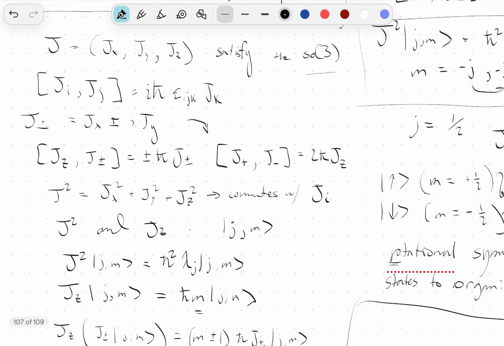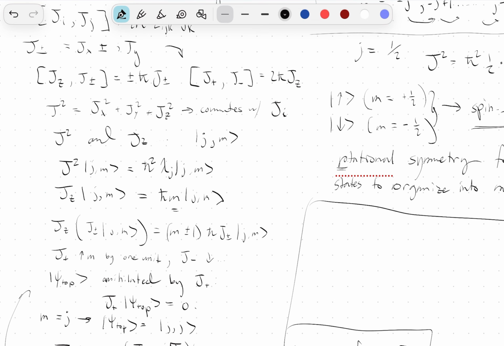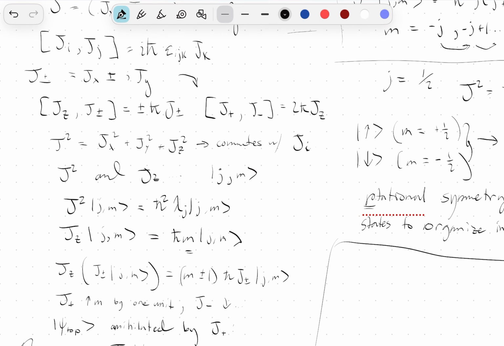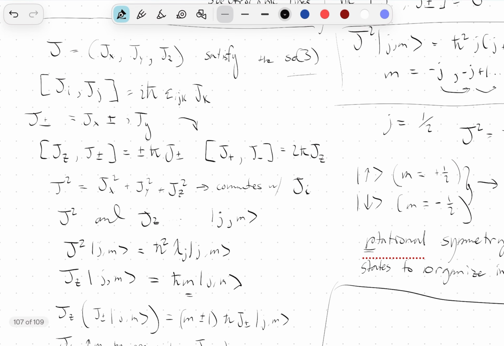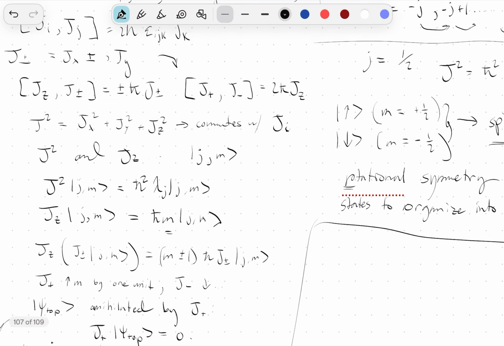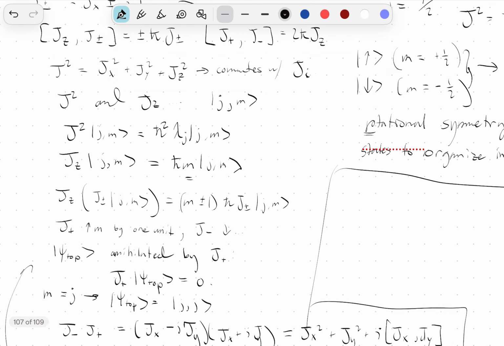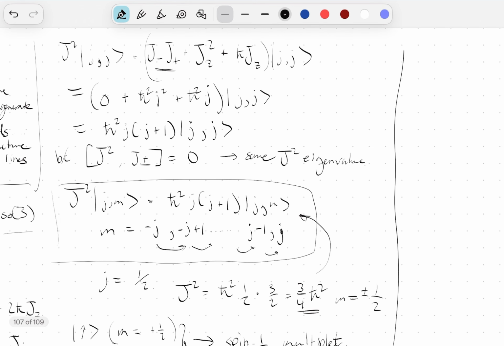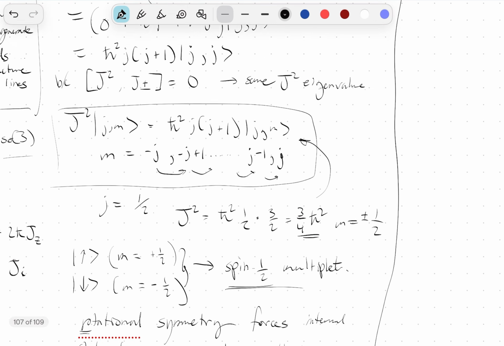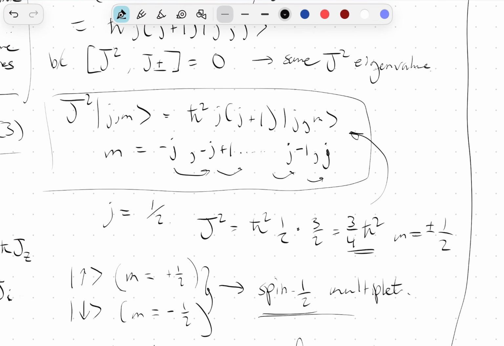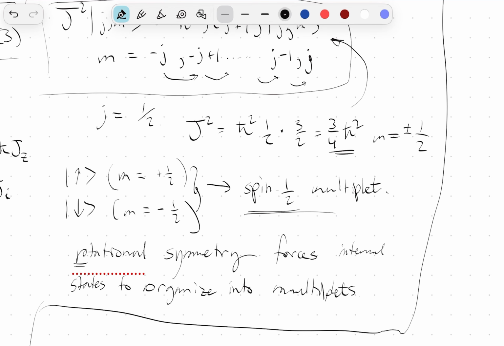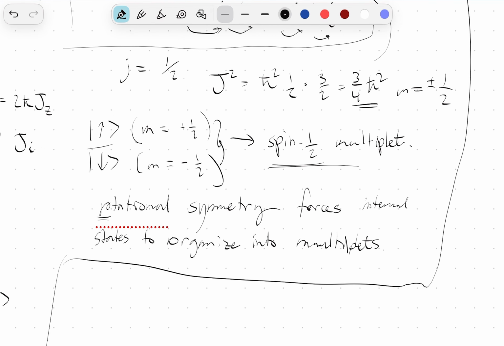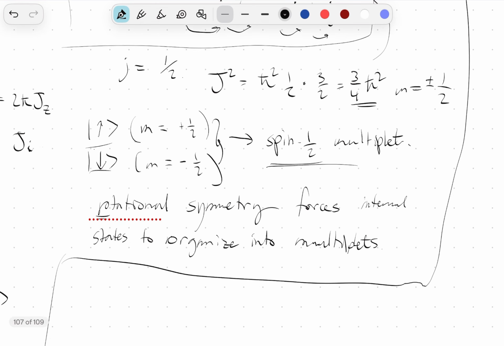But anyways, you have rotational symmetry, which comes from determining the internal states. Its algebra forces the finite multiplets, with the Casimir operator, the square of the angular momentum, being j(j+1) h bar squared, and then the projections with m. These m projections play around, and j = 1/2 is going to yield this nice two-state spinor.